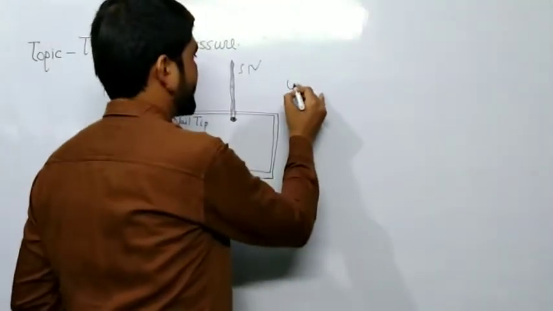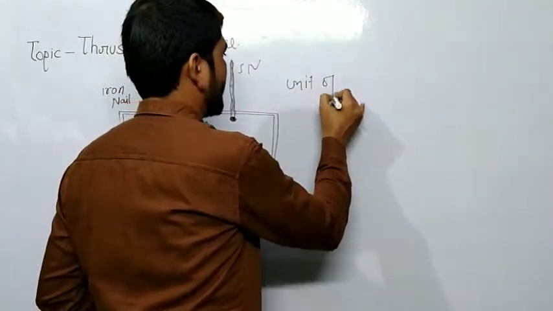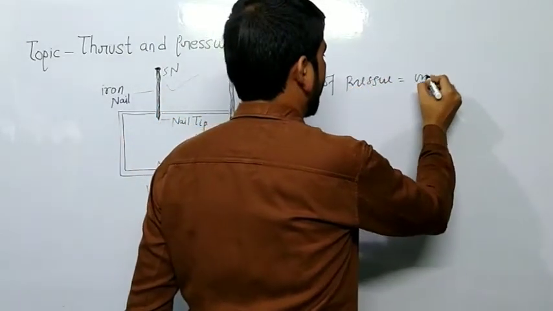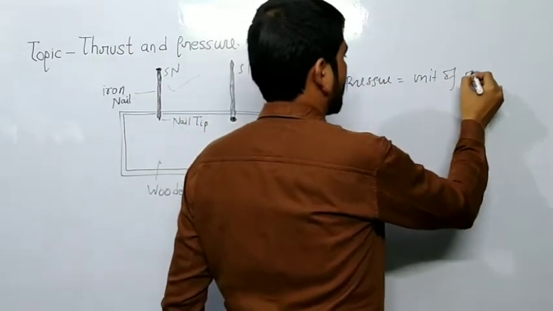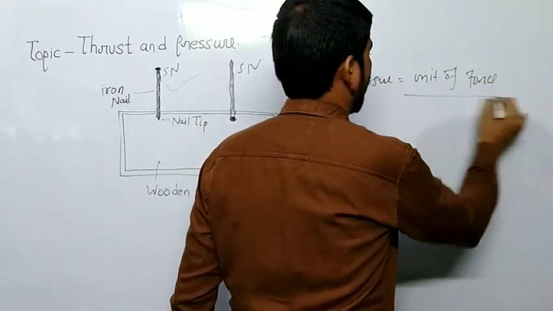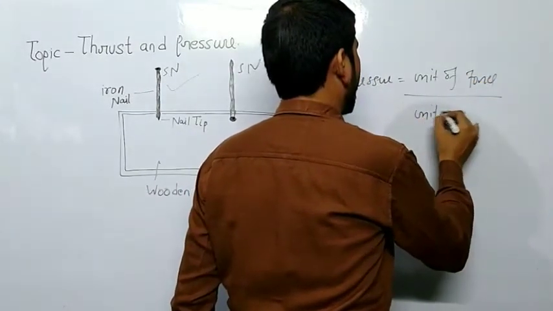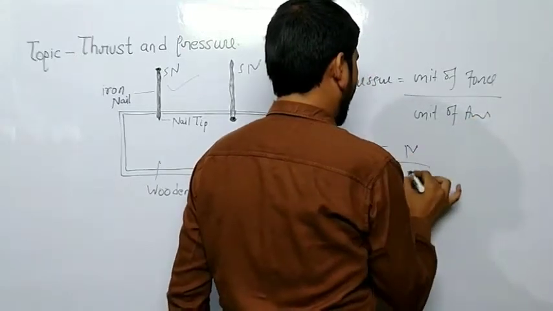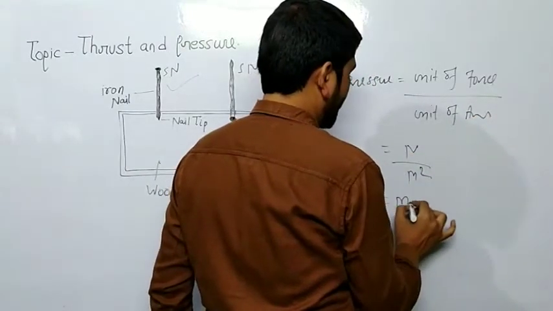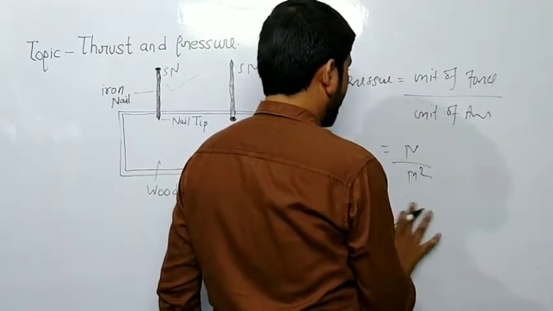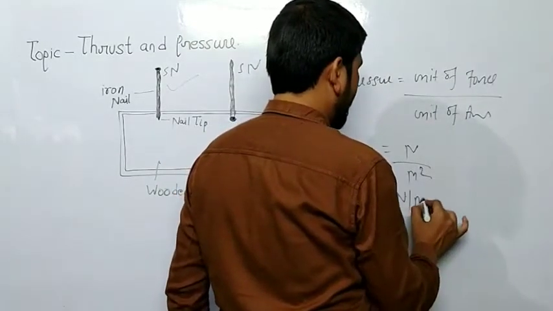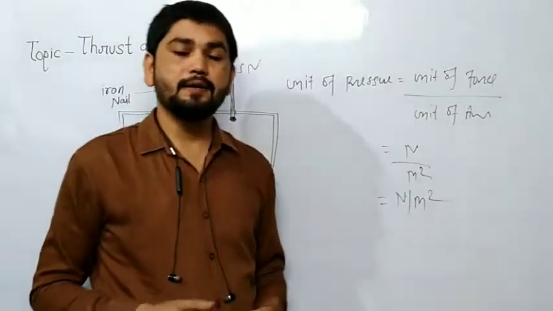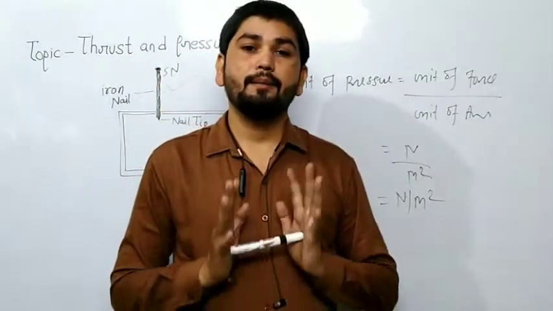Write: unit of pressure is equal to unit of force upon unit of area. The force you know is Newton and area is meter square. So the unit of pressure is Newton per meter square.